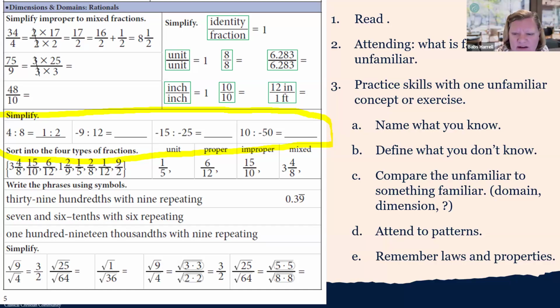So somebody asked, do we read it differently here than we do in the math book? Not really. I mean, you could say 4 is to 8 as 1 is to 2, negative 9 is to 12 as, right? We can still read it that way. It's still analogous. It's just that when it's math, we can operate on it a little bit differently, right?